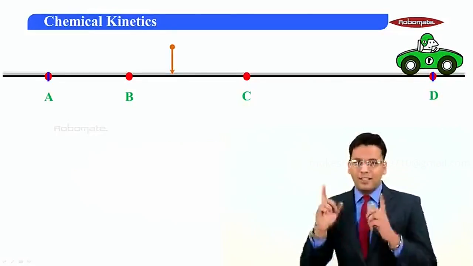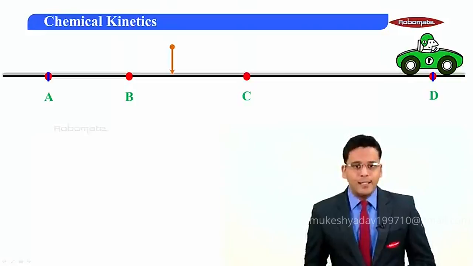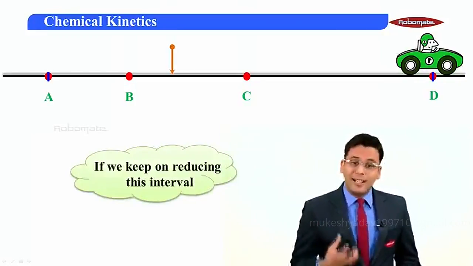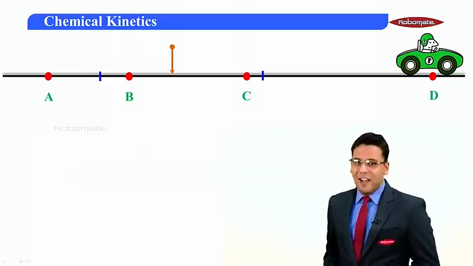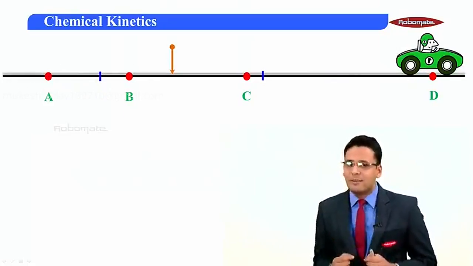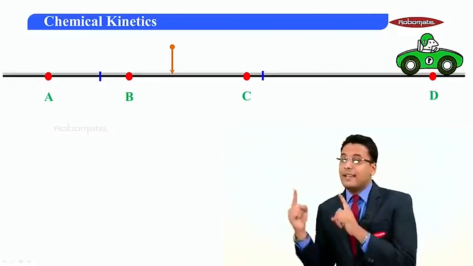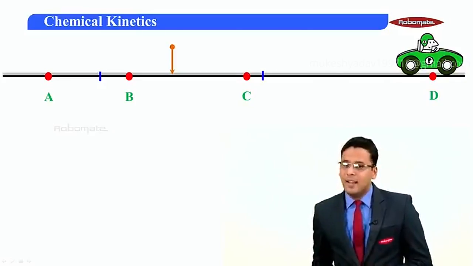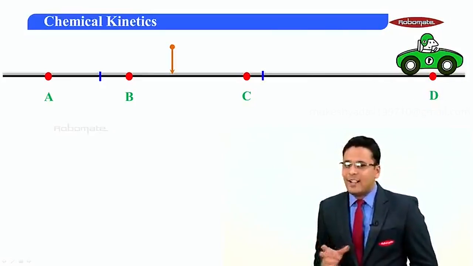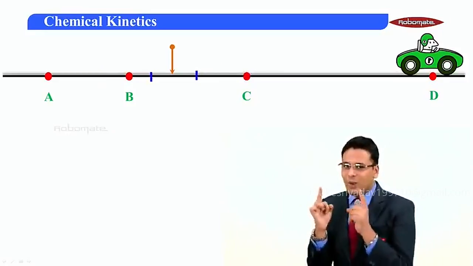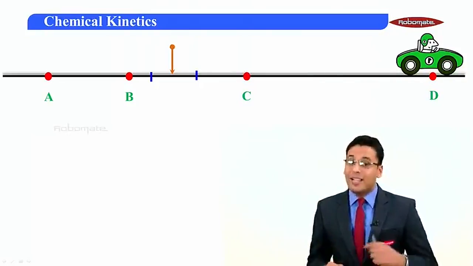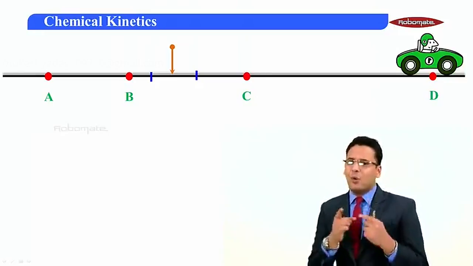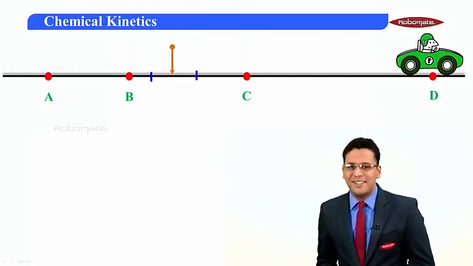For example, this is our interval between A and D. If we reduce this interval, this is what it looks like. Now I am in a much better position to identify the instantaneous rate. But wait, not yet. Look at this. If I narrow down the difference even further, now I am in even better position to say what was the instantaneous rate.